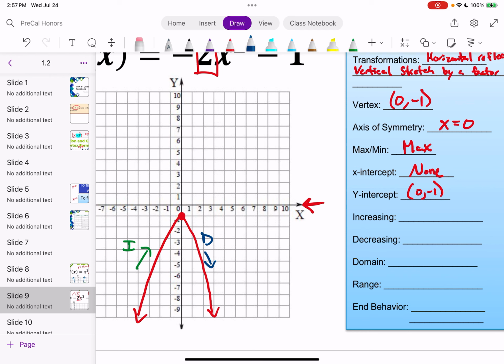So we go ahead, start off with our increasing, in this case, from negative infinity up to 0, and from 0 to positive infinity. Keep in mind, increasing, decreasing is always parentheses.